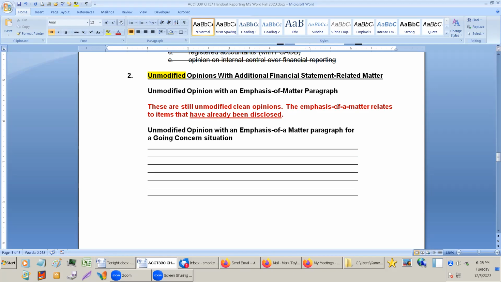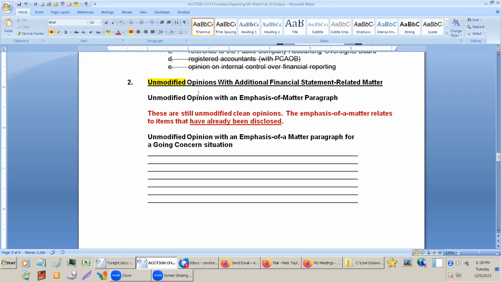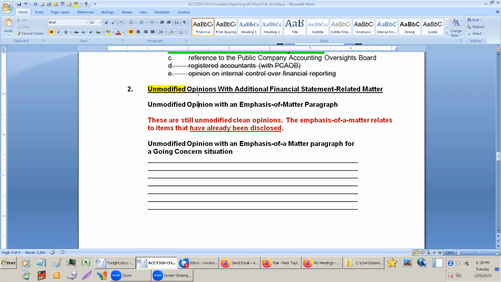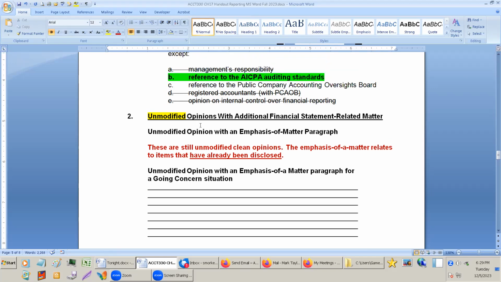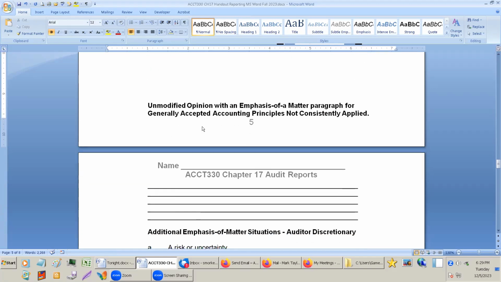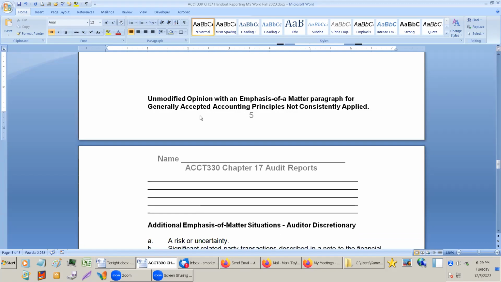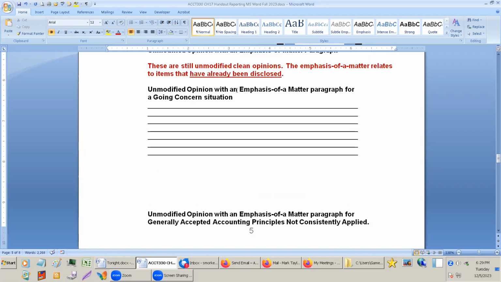All right. So let's go over some of the ones that we're going to talk about. Going concern. I think we talked about this one.